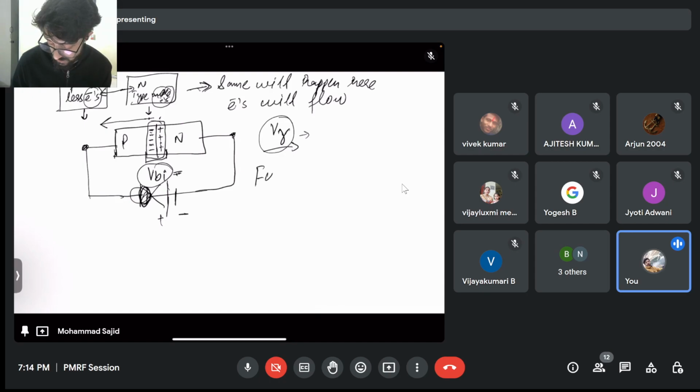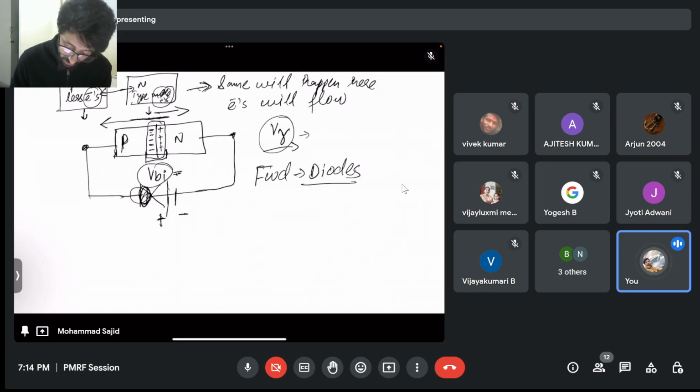When we say that in forward bias the diode conducts, what do we mean? When you connect this positive voltage, it overcomes the internal potential and you have electrons flowing in this direction, and the conventional current will flow from this direction, right?